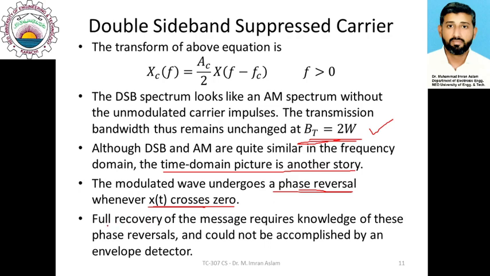So if we want to recover the message signal, we cannot do it by simply looking at the envelope. If you recall, we discussed in case of AM modulation that the envelope represents the message signal, but for the DSB signal the envelope does not provide the complete information of the message signal. We also need knowledge of the phase reversals which occur because x(t) is crossing 0.